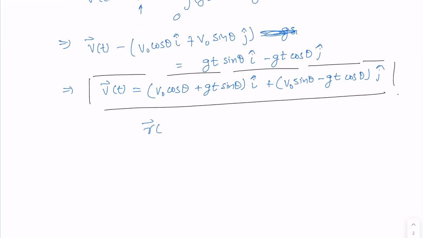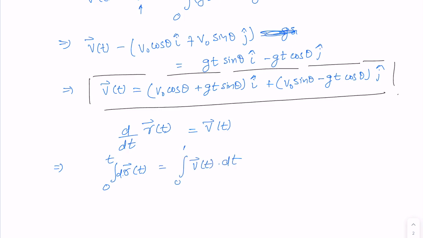Position vector r differentiated with respect to time is the velocity vector, and hence the integration of dr from 0 to t equals the integration of v(t) dt between 0 and t.